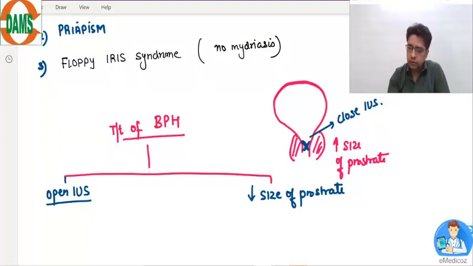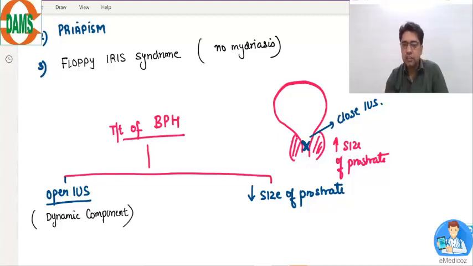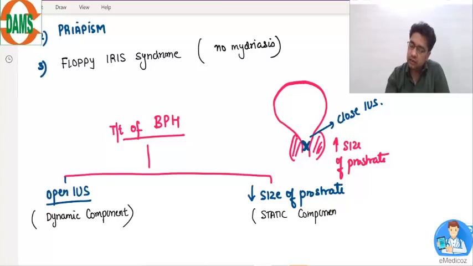These two things we have to do. When you open the IUS, it is known as treatment of the dynamic component. And when you decrease the size of the prostate, it is known as treatment of the static component. What are the dynamic and static components? You will learn in surgery, not a part of pharma.